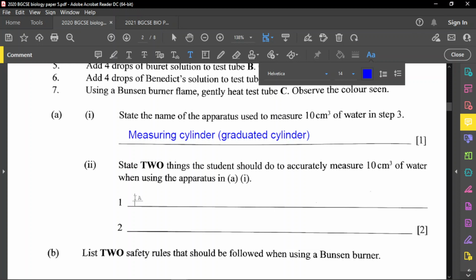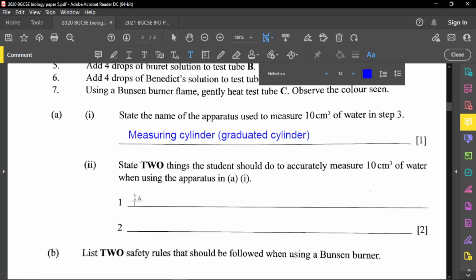Part 2 is to state 2 things the student should do to accurately measure 10 centimeters cube of water using the apparatus in A1. Once you're using a measuring cylinder to measure volume, there are more than 2 things you need to do, but 2 major things.